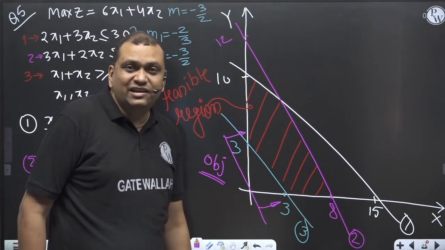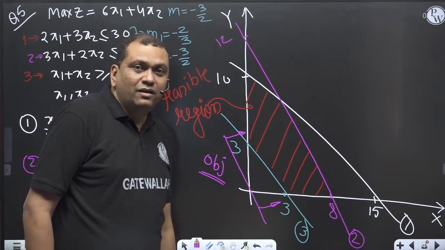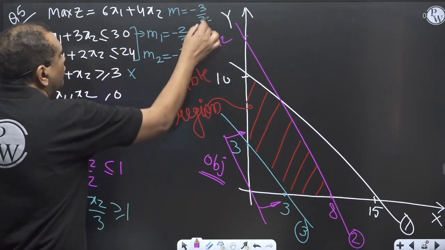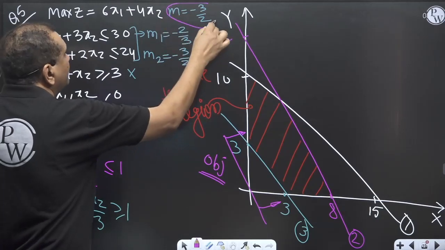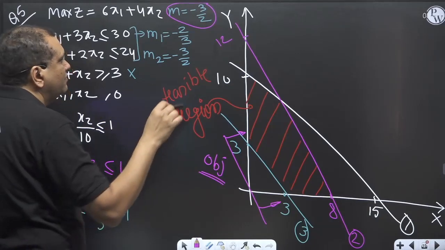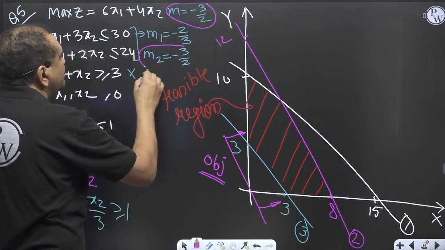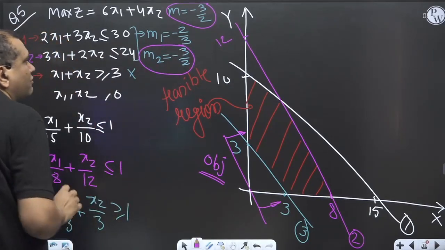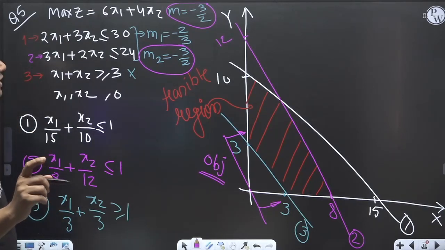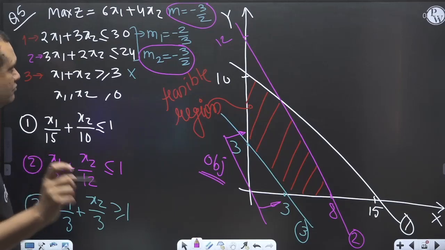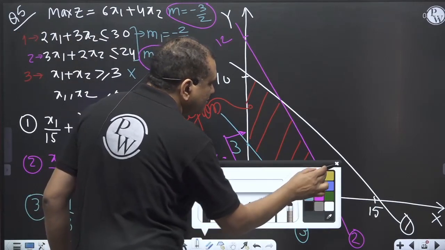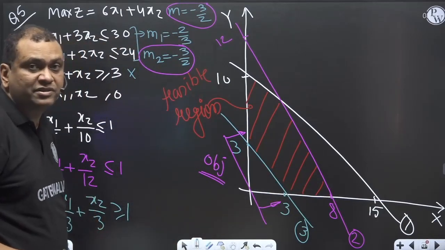Now, what is the situation here? The slope of the objective function line is equal to the slope of one of the constraints.